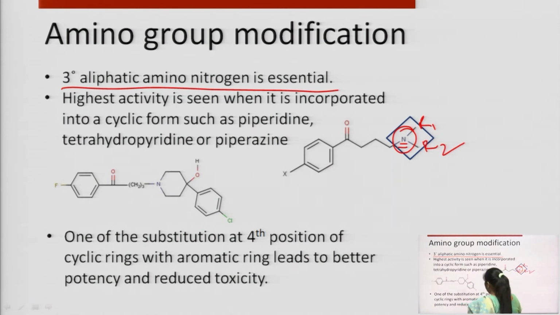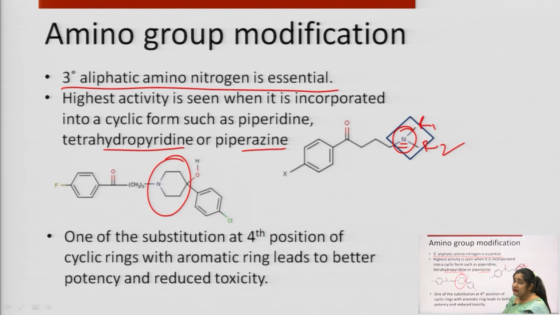and the highest activity is shown when this nitrogen is converted into a piperidine ring, and this piperidine ring or the piperazine ring or tetrahydropyridine ring, these all were found to be more active as compared to tertiary aliphatic amino nitrogen, similarly as shown in phenothiazine derivatives.